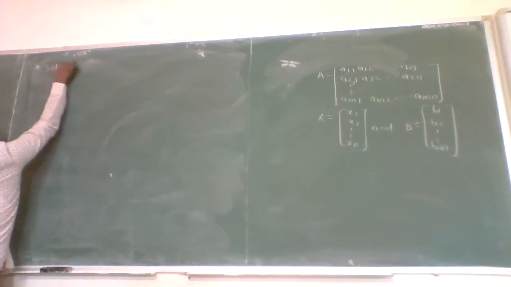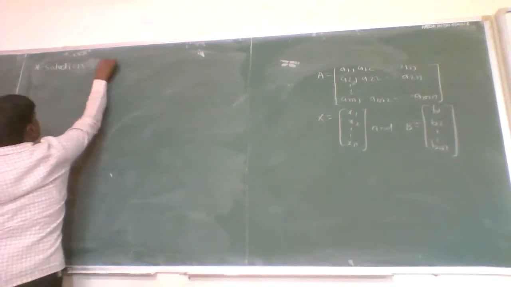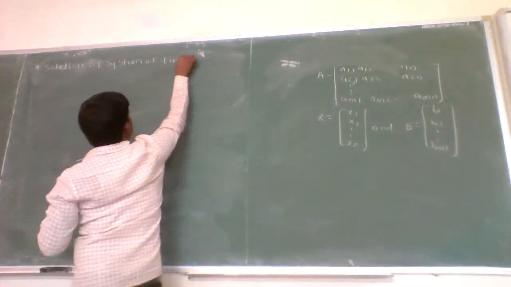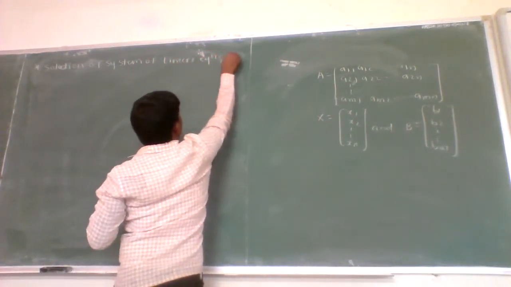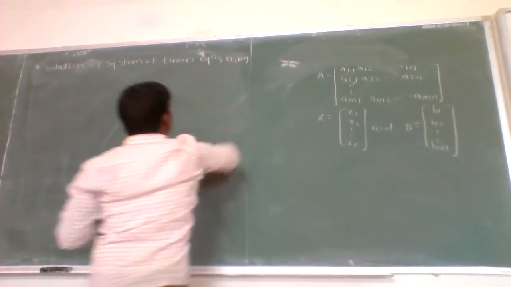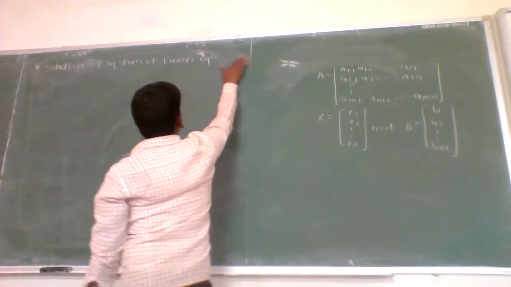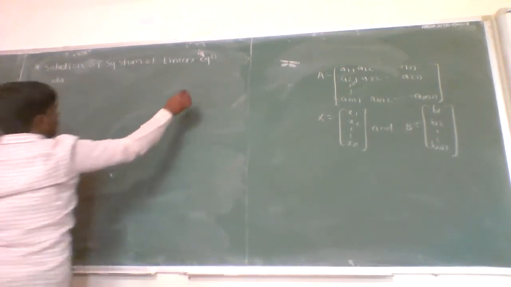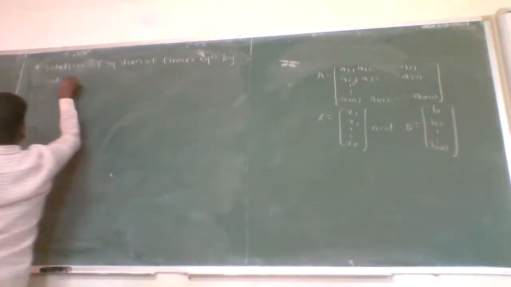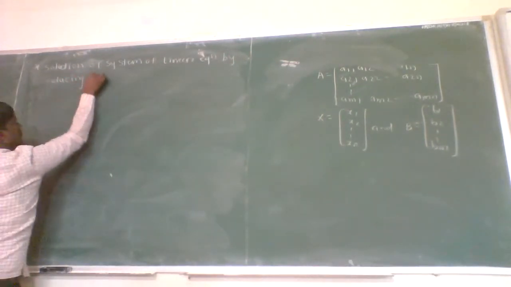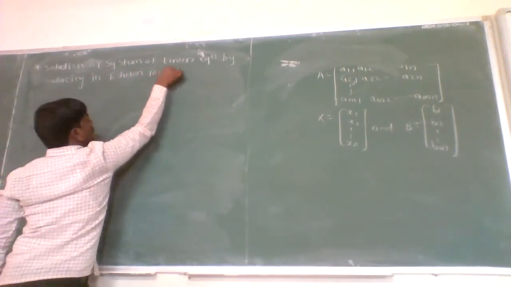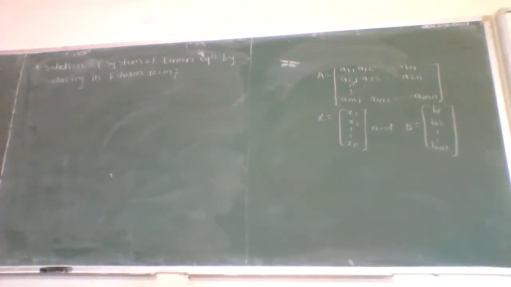Solution of a system of linear equations by reducing it in echelon form. Okay. Now here we have to see how to find out the solution of a given system of linear equations.